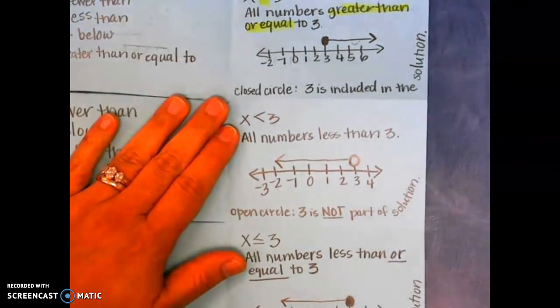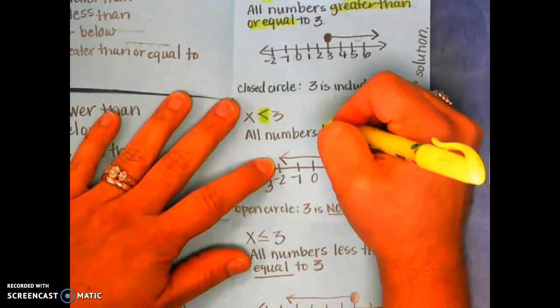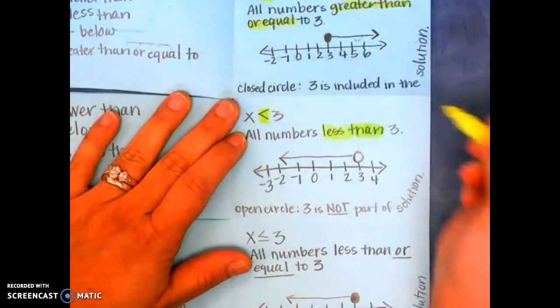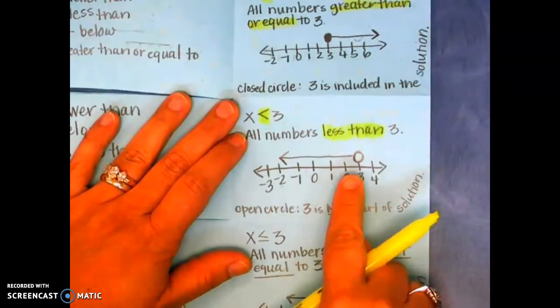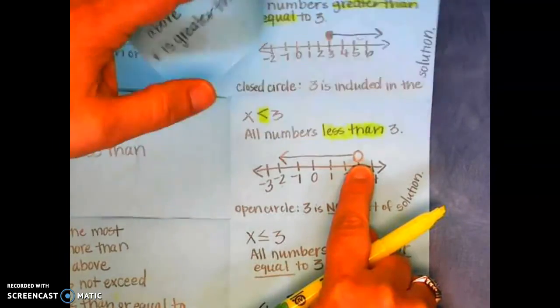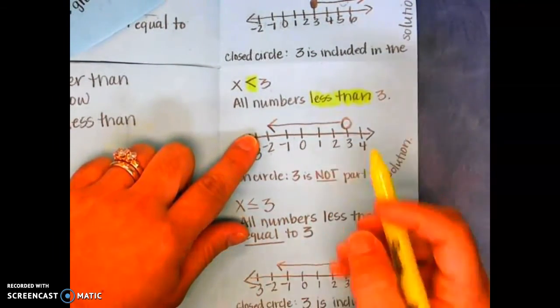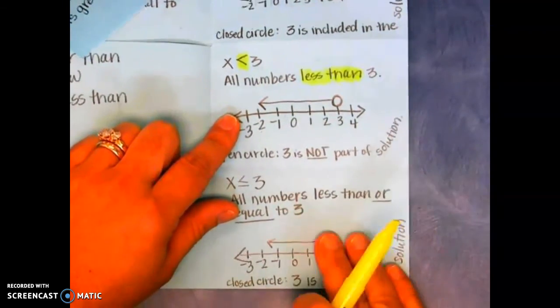The next one has the less than symbol. And of course, it's the words less than. Okay, and in this one, we use that open circle again because there was no equivalence here. And our arrow this time went to the left because we wanted to show the numbers that were smaller than 3.